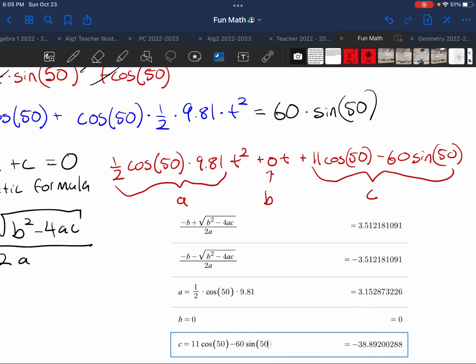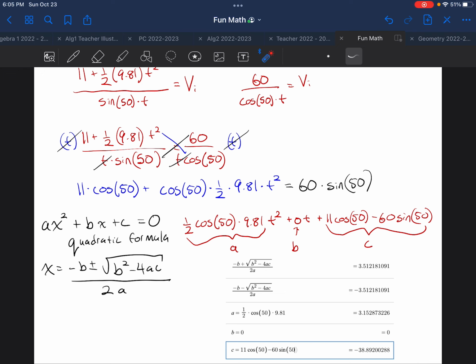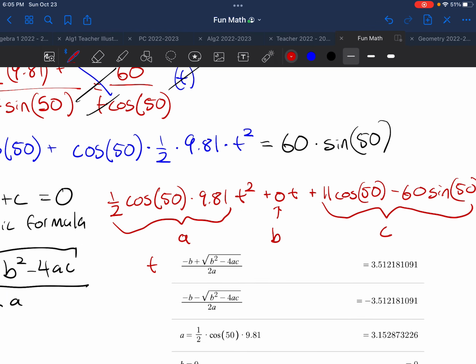In this equation, obviously, we're not going to have a negative time. We're going to choose a positive time. I think in the solutions that were posted on Reddit, this was one of the two solutions. So I'm going to save that in my calculator. I'll call that time. Time is equal to 3.51 seconds, and I'll store that so I don't lose any accuracy.